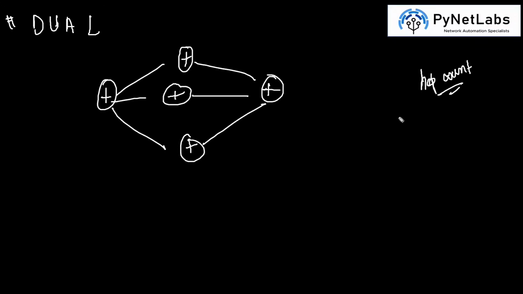Now, as we discussed the metric of EIGRP, we have some basic introduction about how EIGRP chooses the best route. Now, let's suppose this is router 1 and this is router 5. This is router 2, similarly router 3, and we have here router 4.